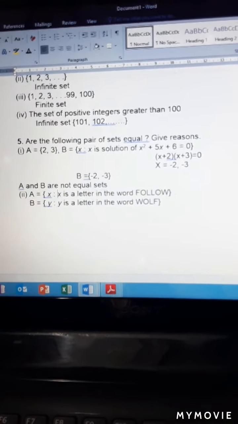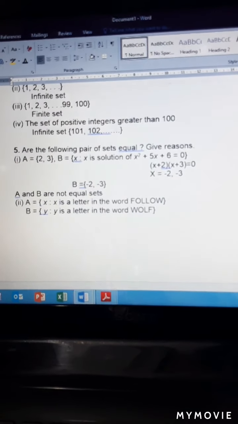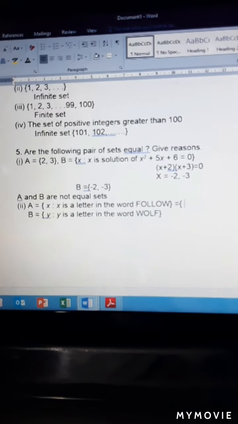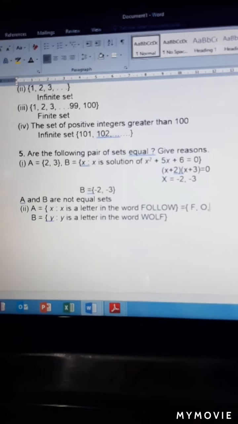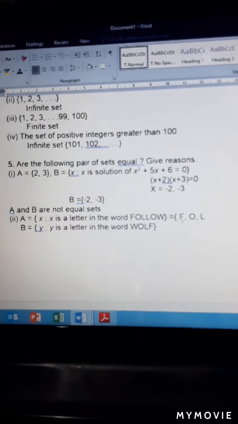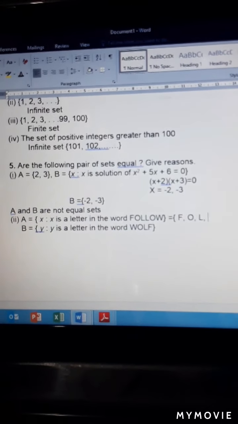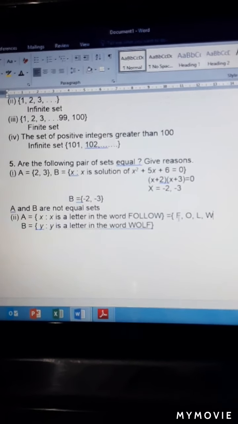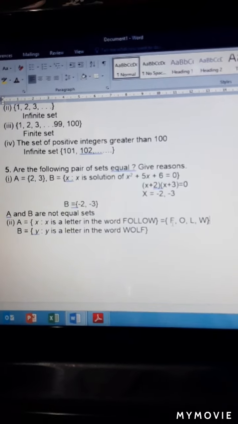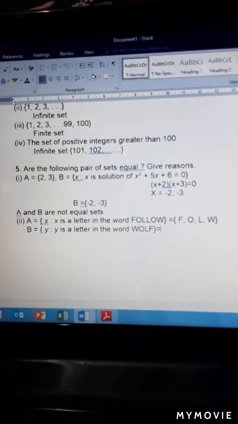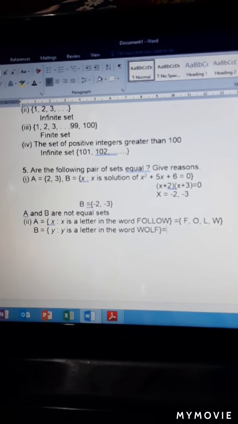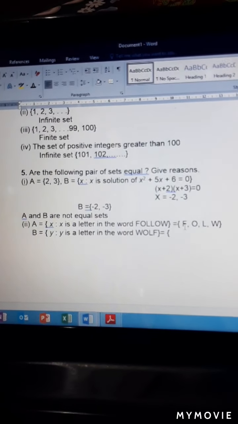Okay, second example, set A, that is x is a letter in this word. So what are the members of this? Here members of these are F, then O, then L. Now there is again L, but we cannot repeat, and finally last W. So these are the 4 letters without repetition. Next, B equals, y is a letter in this word. So what are the members here?